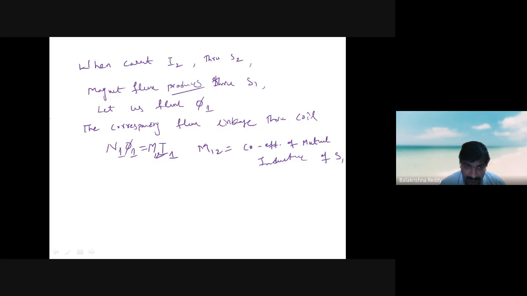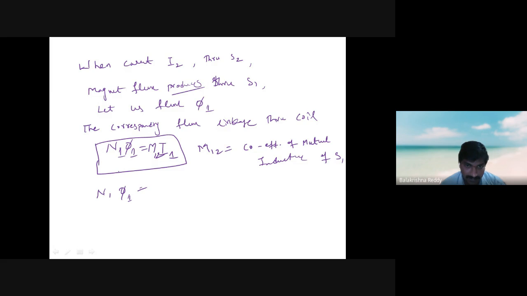Now, this is the equation we got for the first case. Whatever I am taking, the flux linkage is N1 into phi 1, where phi 1 is in the first coil. Since they are coaxial coils, the same amount of flux is induced in coil 1 as is produced by S2.